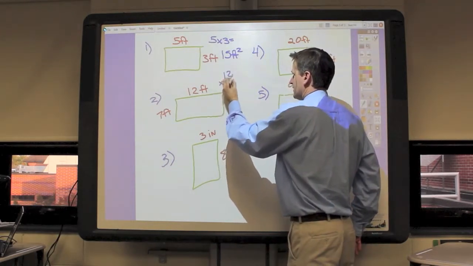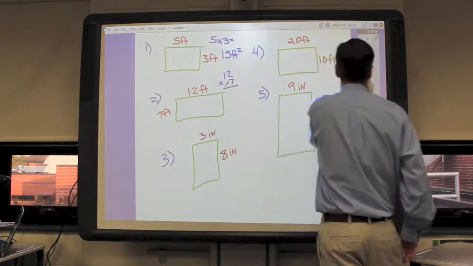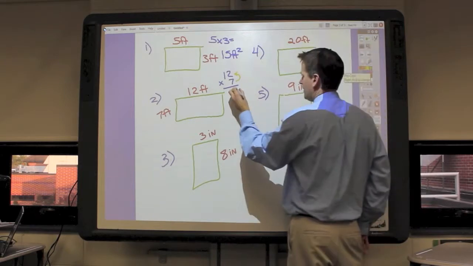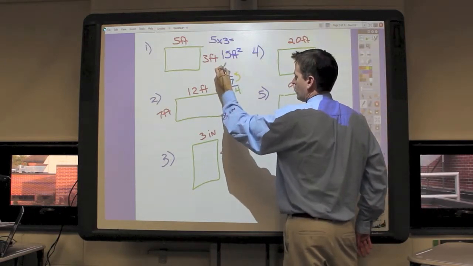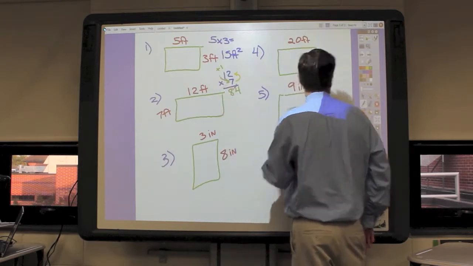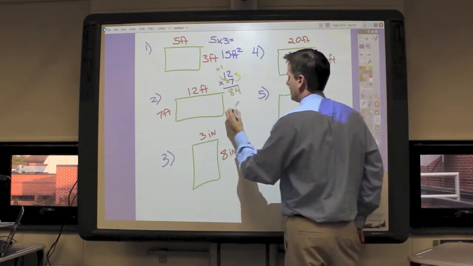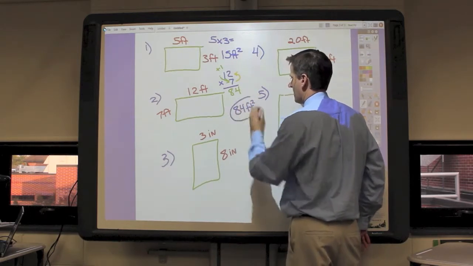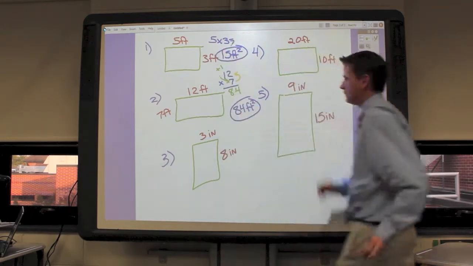So 12 times 7 here. We've got 2 times 7, that would get me 14. I carry the 1. 7 times 1 is 7, plus my 1 is 8. So this one would be 84 square feet. I'll circle my answers too.